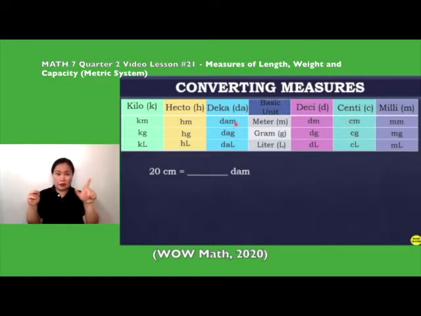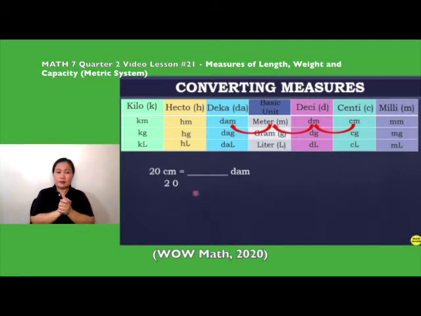So, ito siya. So, ang una mong gagawin, move mo. So, from centimeter, 1, 2, 3. So, dapat mag-end siya sa decameter. Ilang moves? 3. Okay, so copy natin si 20. So, from here, simula dito, since 3 siya, 1, 2, 3. So, 3 din.